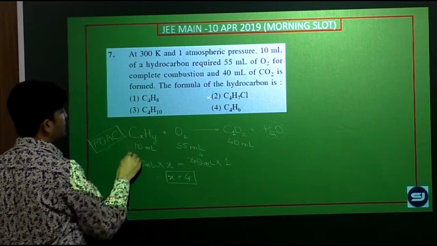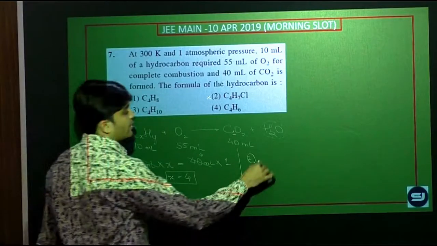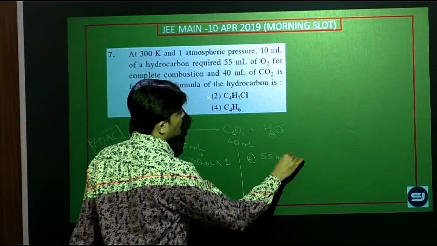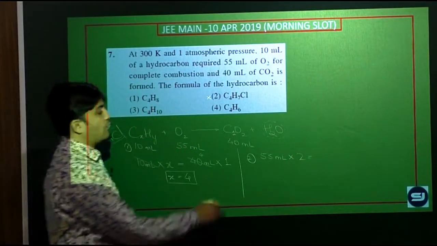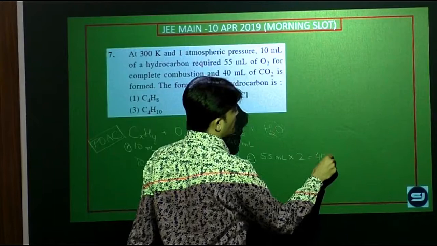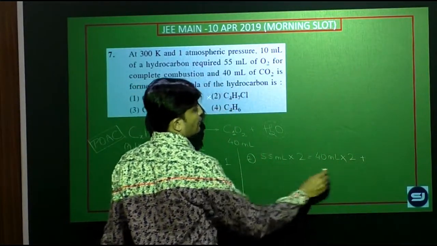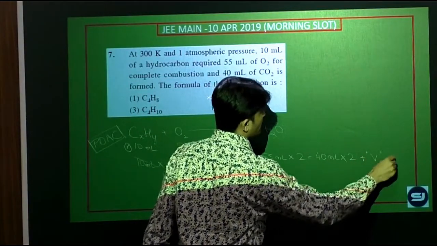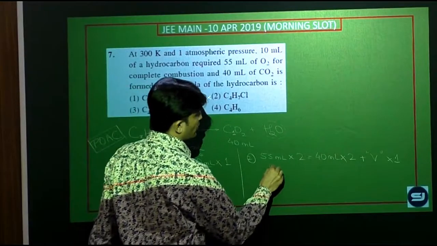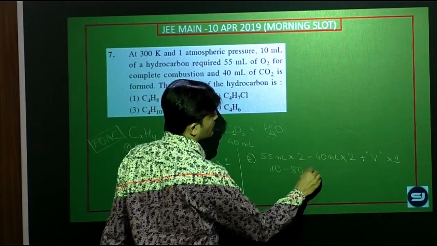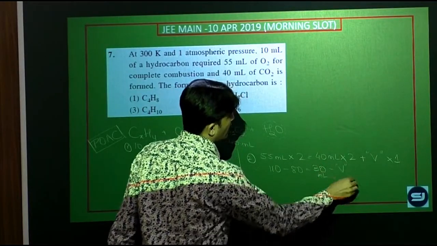So, in the first step, what we did was for carbon. Second step, on the left hand side, we have 55 ml oxygen multiplied by 2 atoms in O2, and that should be equal to the 40 ml of CO2 multiplied by 2 atoms of oxygen, plus V ml, which I don't know but require, into the oxygen in water, which is 1. Now if you look at the calculation, it's 110 minus 80, which is equal to 30, and that is the value of V in ml.